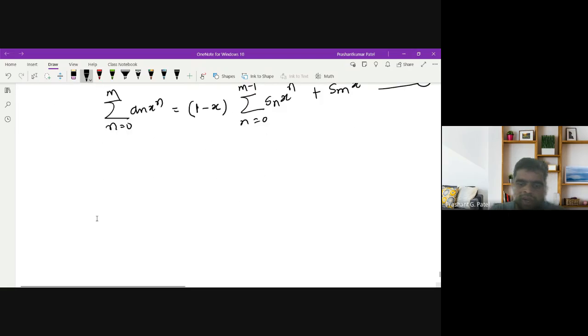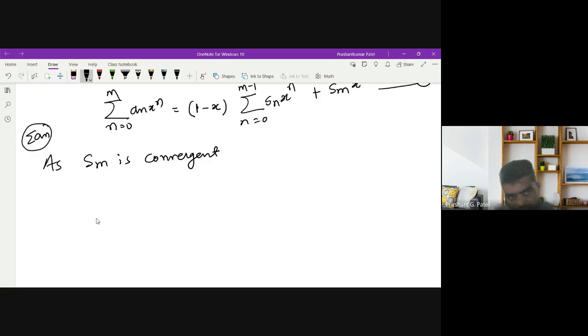Why is Sm convergent? Because the summation of an is convergent and Sm is the partial sum of this summation of an. So that's why it is convergent. That is what we have assumed. So this is convergent, the Sn is bounded.